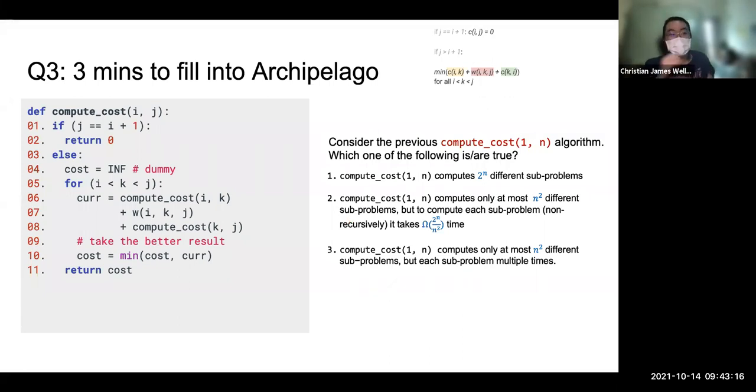Take note, this is not the runtime. It's asking how many different compute costs ij there are. How many different compute costs ij do we call?